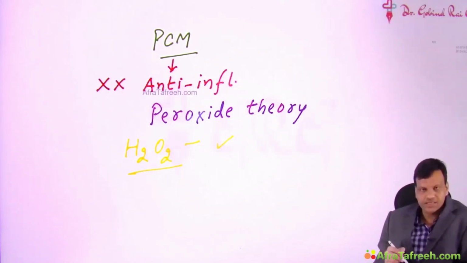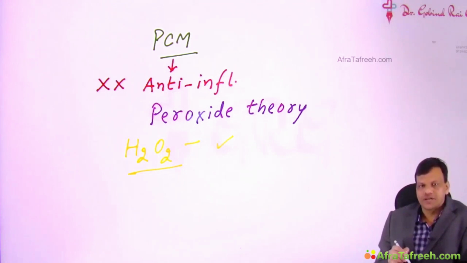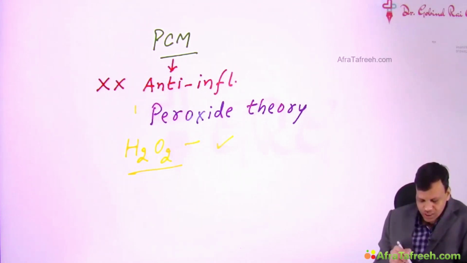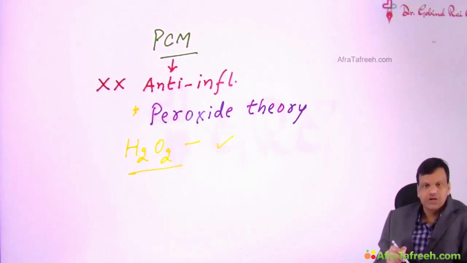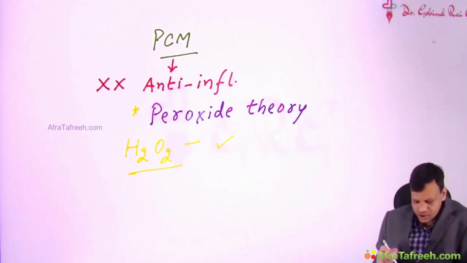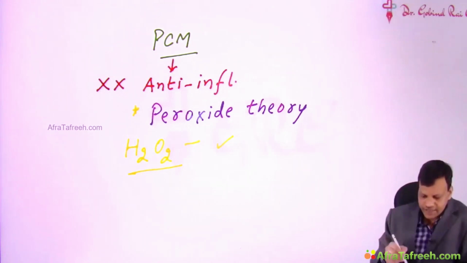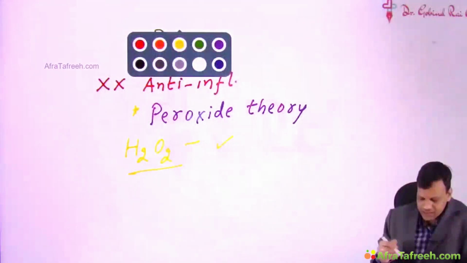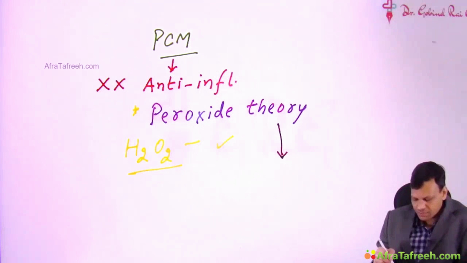Whereas at other places like in the brain, for fever or for pain, hydrogen peroxide is not generated, so paracetamol keeps on working. So the peroxide theory could explain that paracetamol does not have anti-inflammatory activity. But this theory could not explain the second finding, that paracetamol has negligible risk of causing peptic ulcer disease or GIT toxicity.